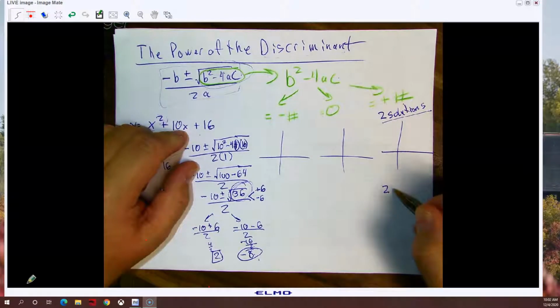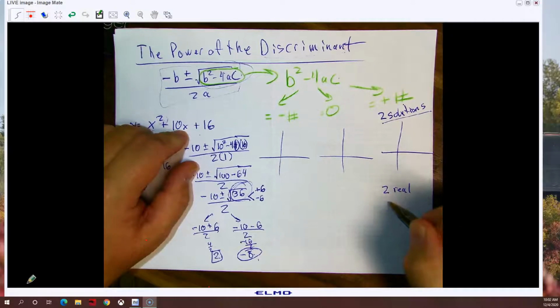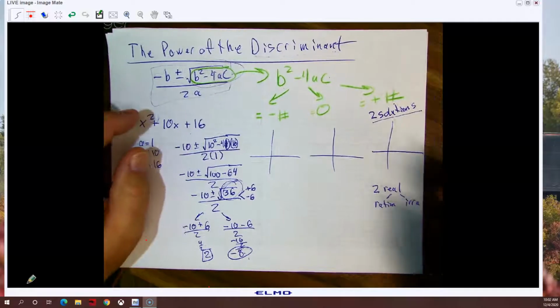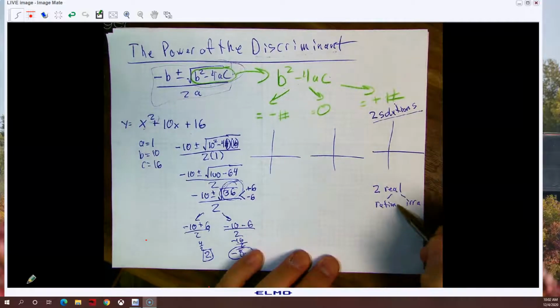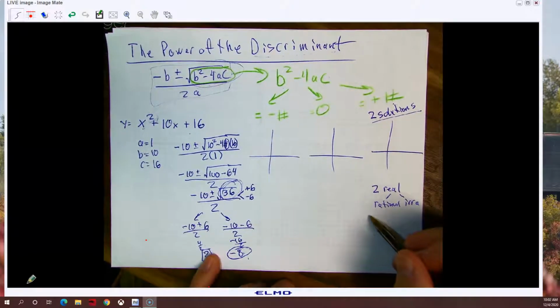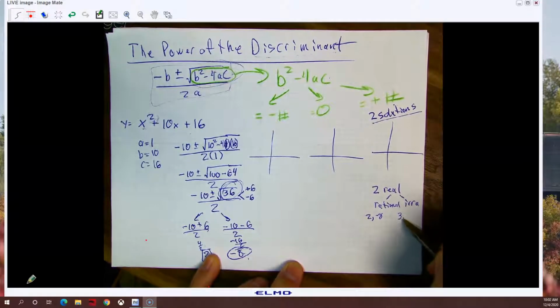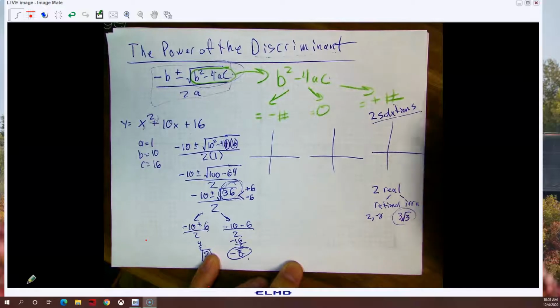So these could be two real solutions, which could be either rational or irrational. Rational is something like 2 or negative 8, etc. Irrational would be something like 3 square roots of 3, something that has a square root left in it.